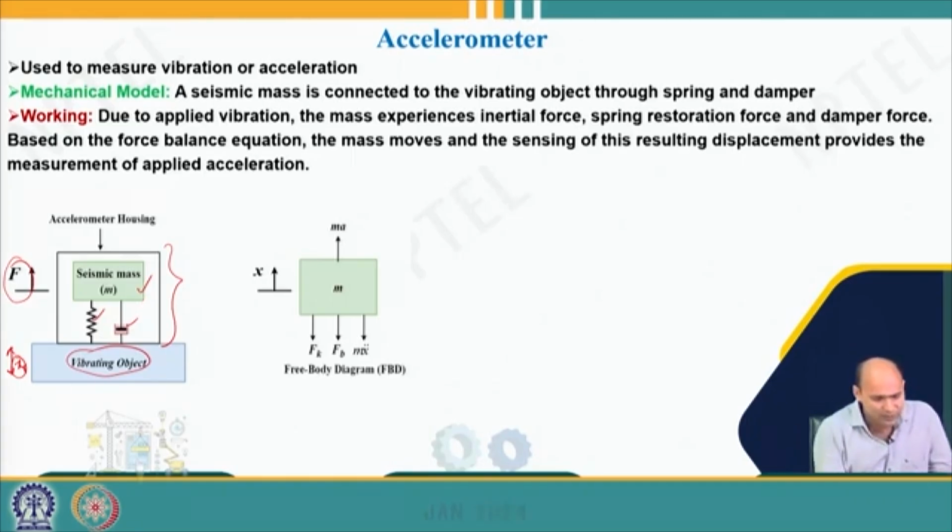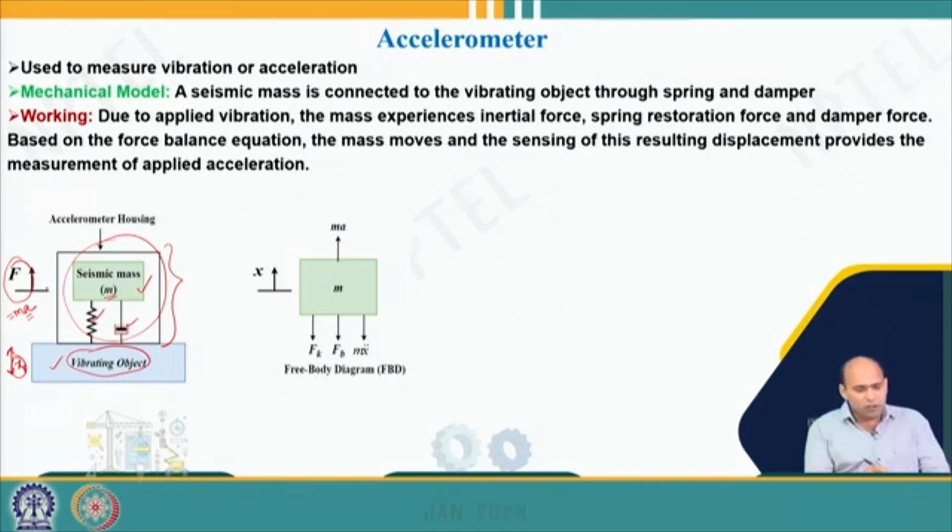F is the force coming from the vibrating object, and I can consider F equals mass into acceleration, where m is the mass and A is the applied acceleration input. Because of this acceleration A, we have the resulting force F, and because of that the mass spring damper system will exhibit some change in displacement.